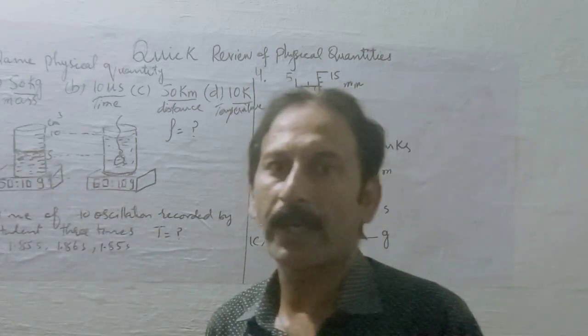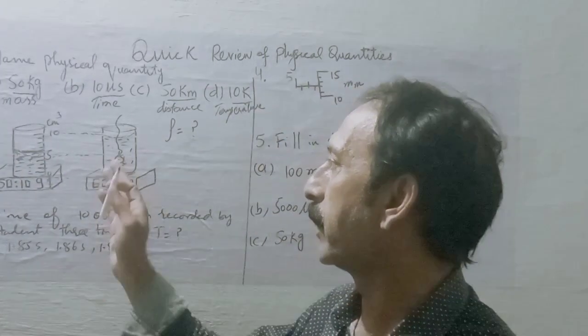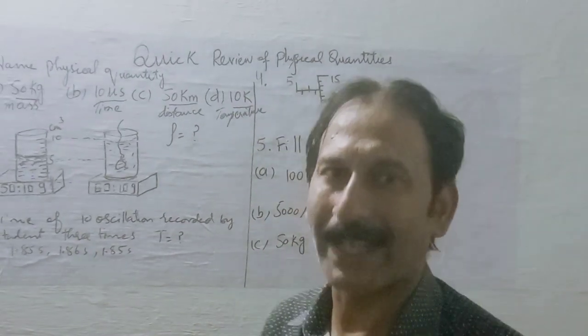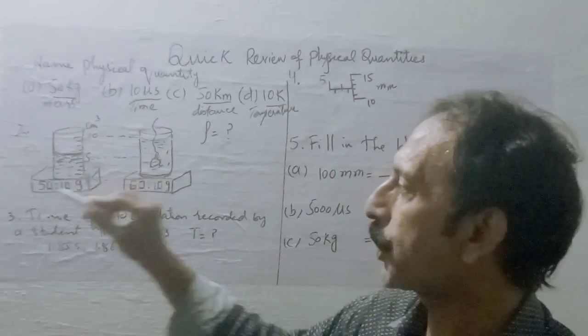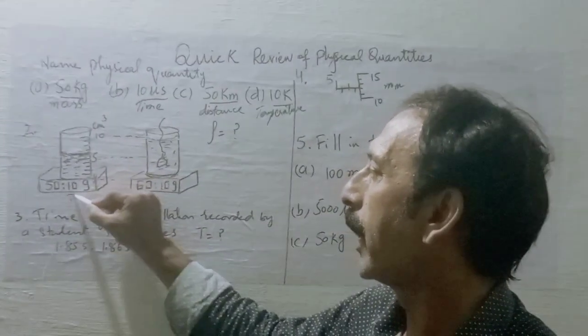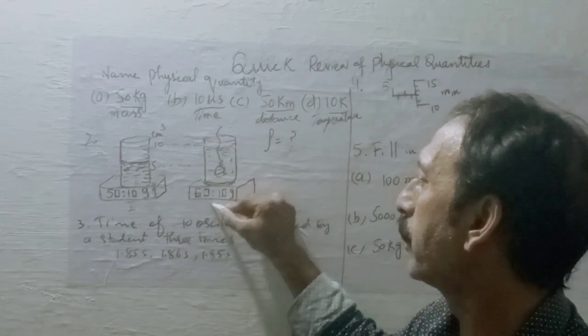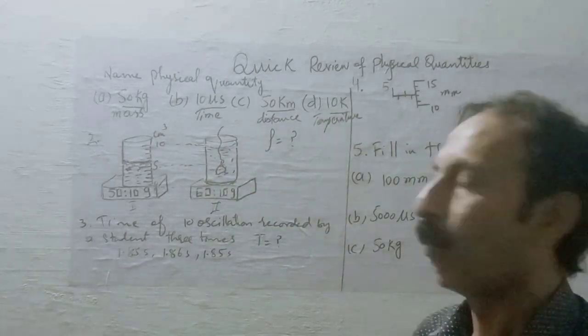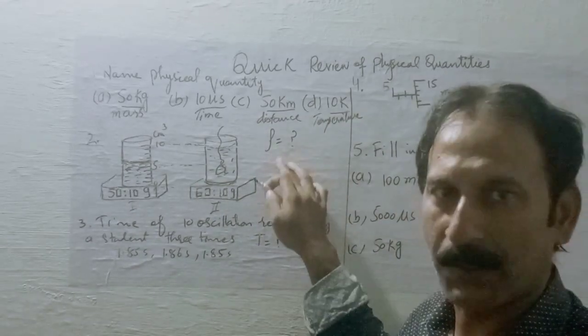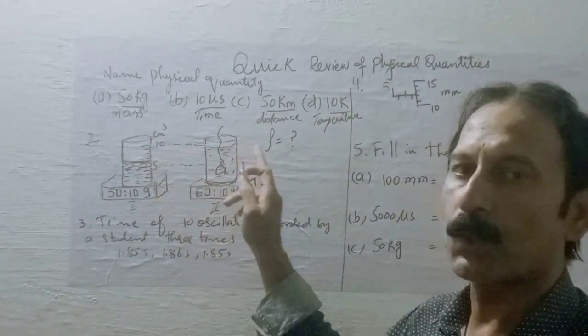Question number 2, what I have selected for you, and I have made diagrams, that is about mass, weight, volume and density. So that question gives you two diagrams, diagram number 1 and then diagram number 2. What we are going to do here is find density with the help of these two diagrams.